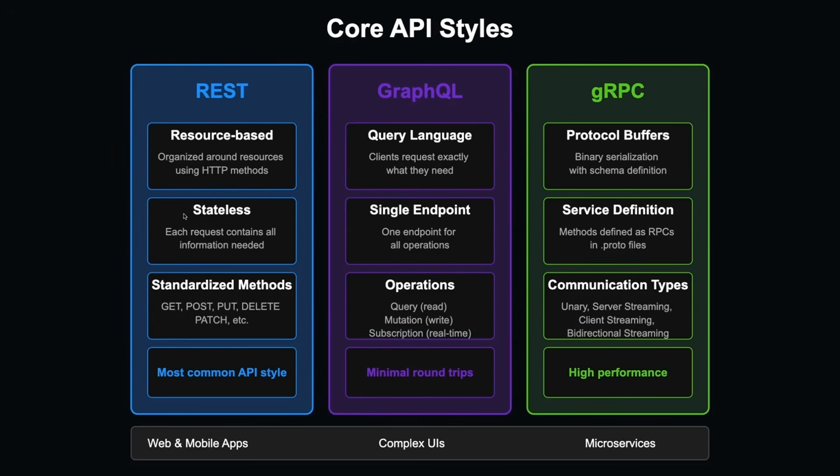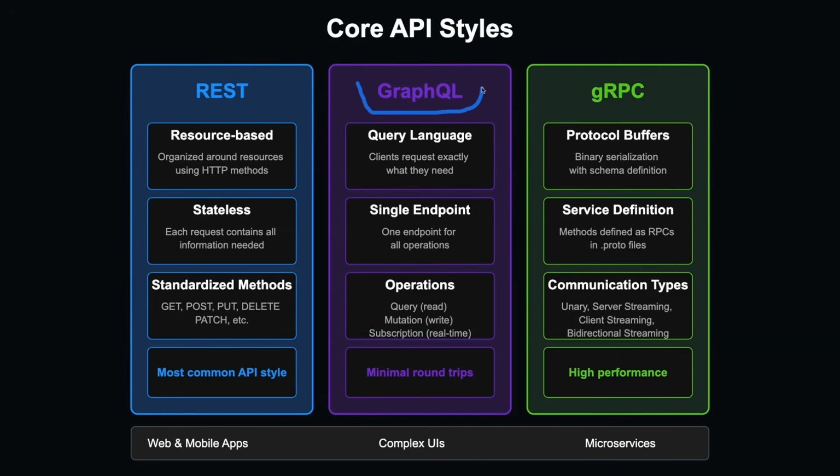One of the advantages of REST APIs is that they are stateless, meaning that each request contains all of the information needed to process it, and we don't need any prior requests to be able to process the current request. And it uses the standard methods on HTTP protocol, which are GET for fetching data, POST for storing data, PUT or PATCH for updating data, and DELETE for deleting data. So based on its characteristics, the REST is most commonly used in web and mobile applications.